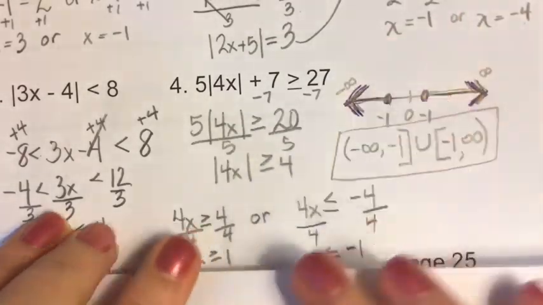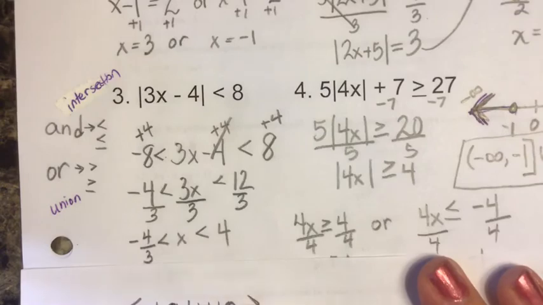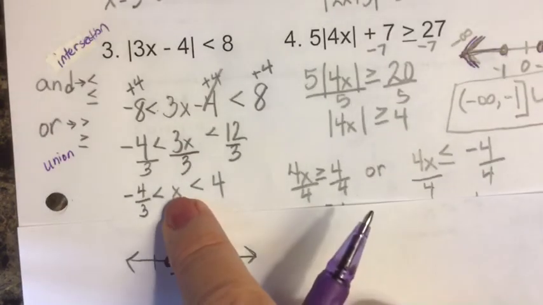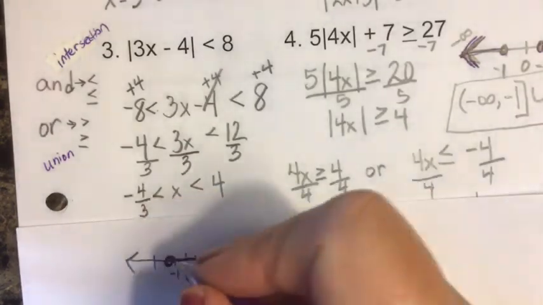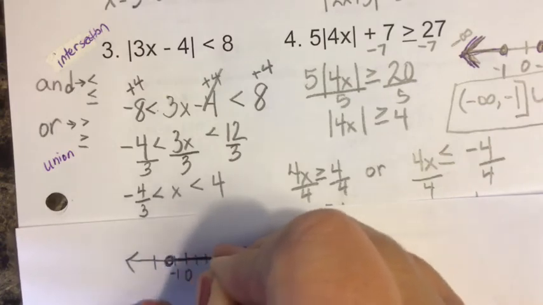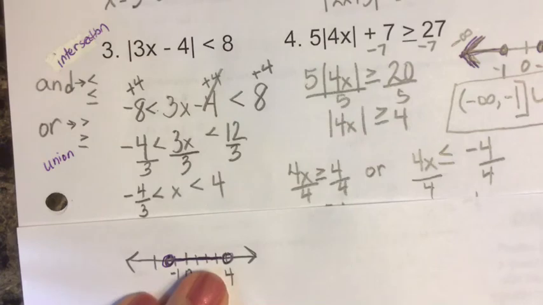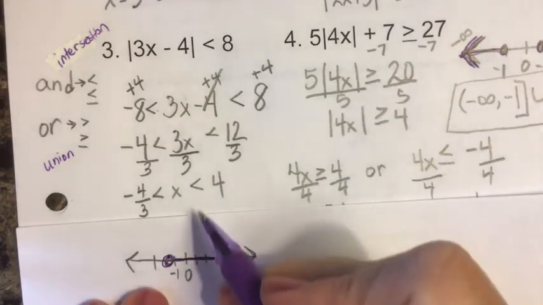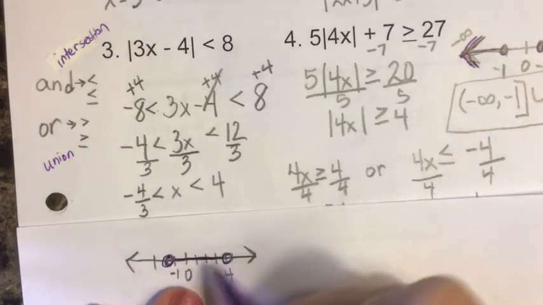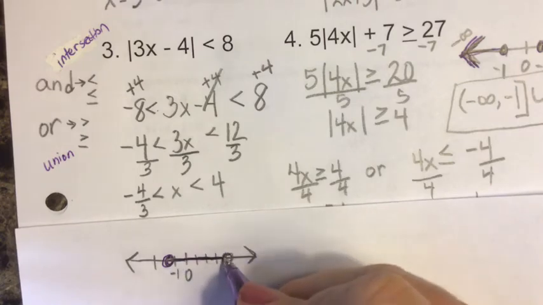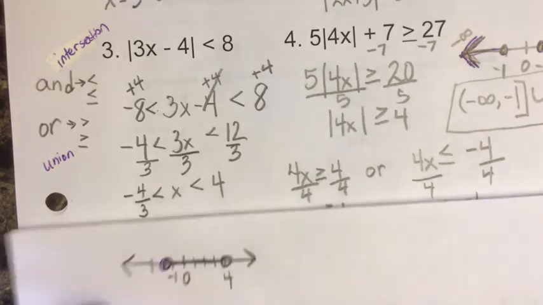This is a union, and this is an intersection. So where would the intersection of these two be? The intersection would be here in the middle. I try to remind the students that for an and, just remember that you and me, we go together. So the shading for that kind of graph goes together.